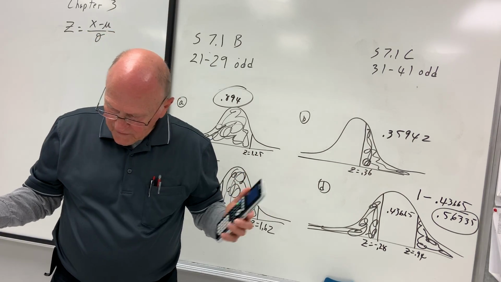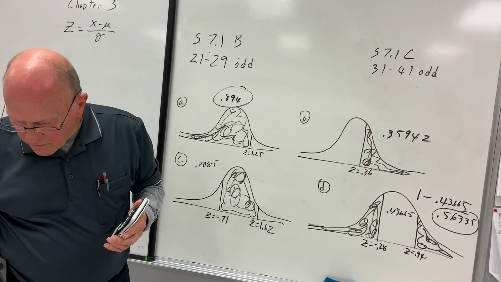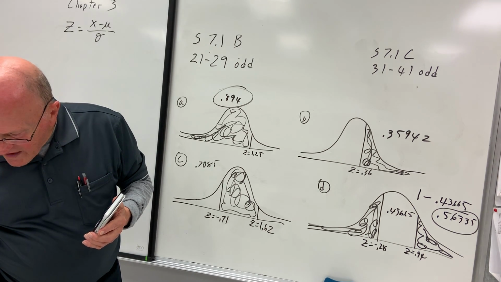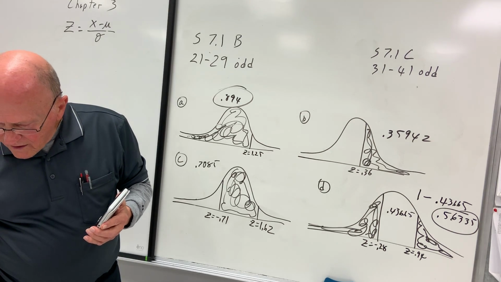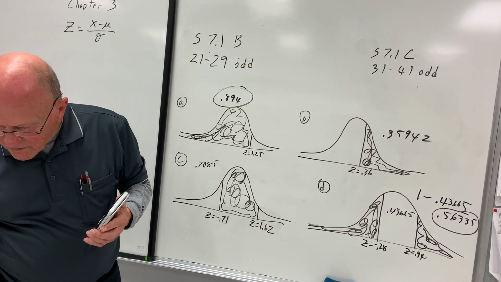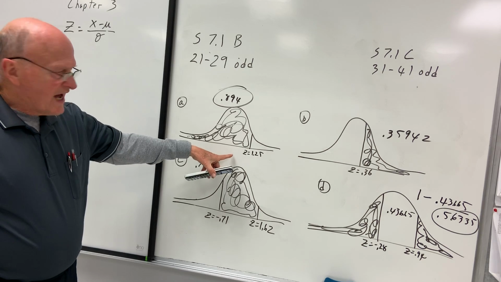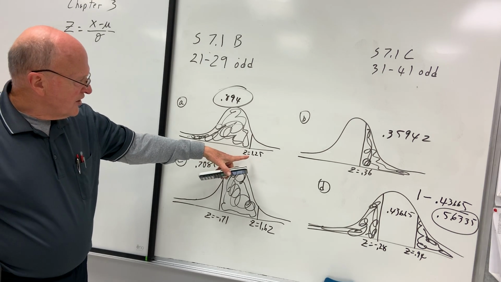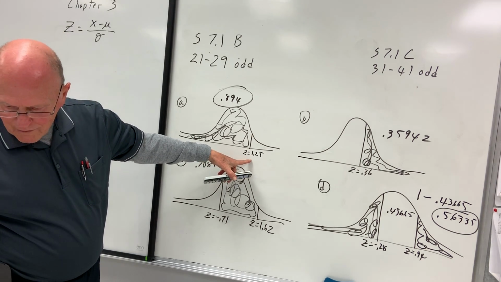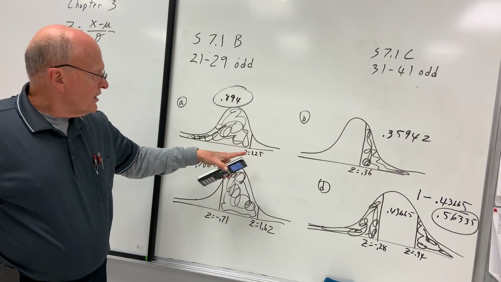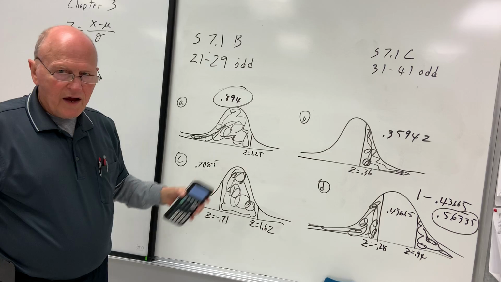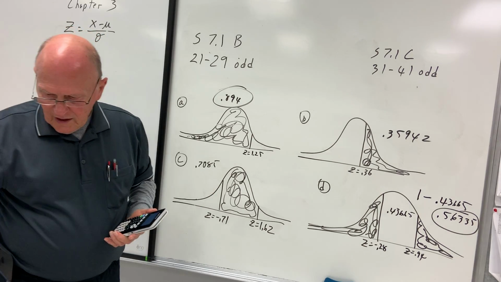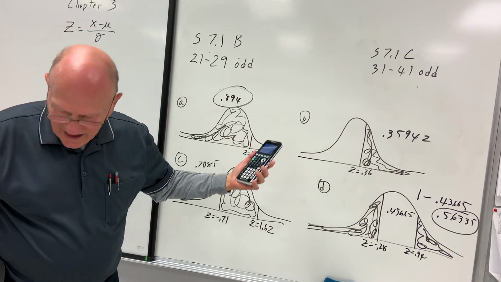For example, if I were to look at 23, it says, find the area under the standard curve to the left of, and it's got z equal 0.74. I'm going to do it exactly like I did this one here. Instead of plugging in 1.25, I'm going to plug in 0.74. Of course, 0.74 would have been along in here, and that will give me the area under the curve. All of those are going to be worked exactly the same way.